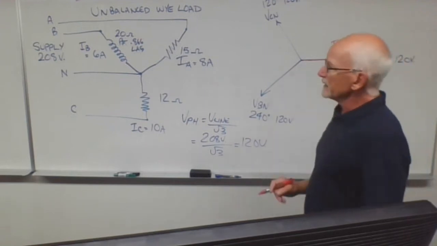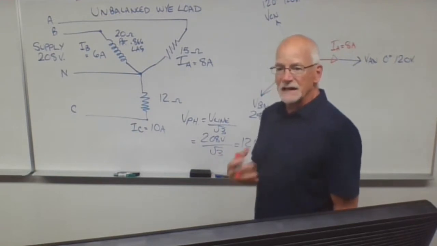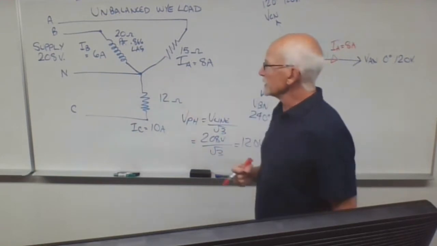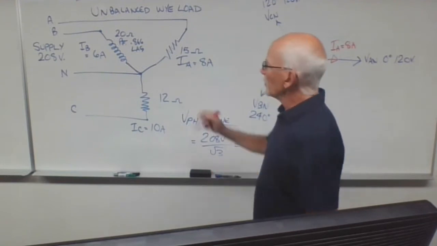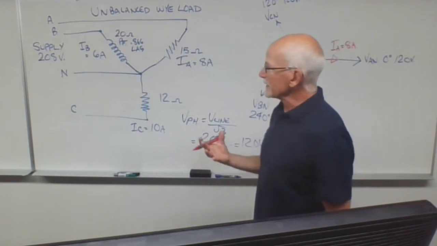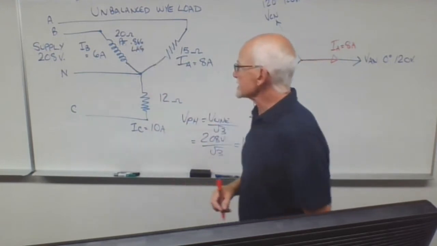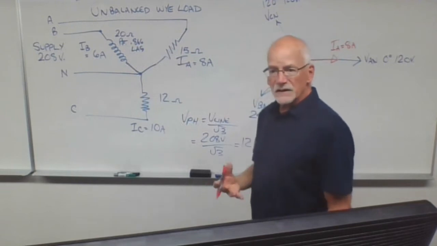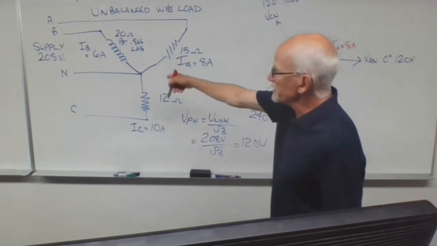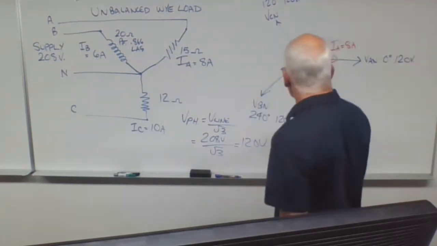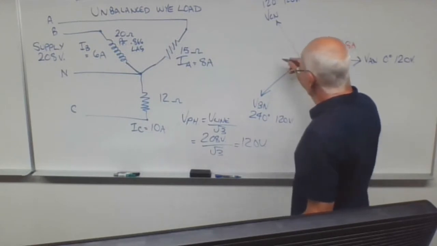For phase B to N, we have an inductive load, which is what this coil is, so the current lags the voltage. We need to know what angle the current is going to lag the voltage by. If I go inverse cos 0.866, your calculator will give you an angle of 30 degrees. So the current in phase B to N lags the voltage by 30 degrees. The voltage is at 240 degrees. If we're lagging, we're behind.